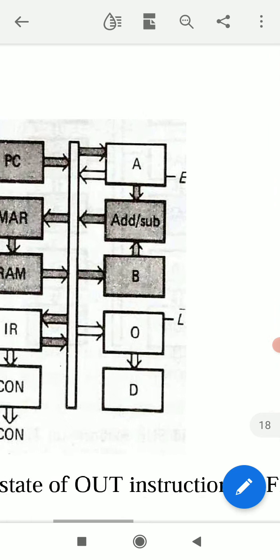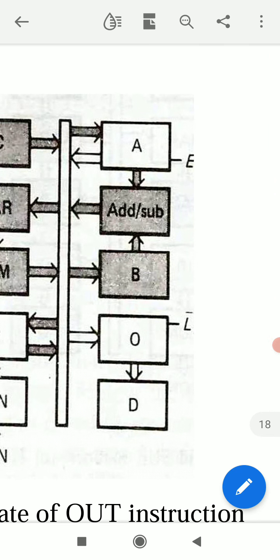The accumulator content is first loaded to W bus when EA is active. Enable accumulator EA. It is not E, it is EA. Enable A register.